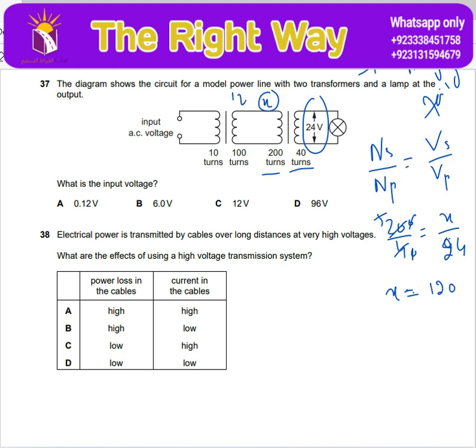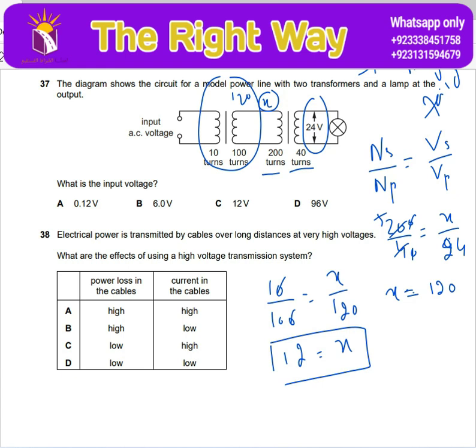Here we have 120 volt. Now for this area, 10 by 100 is equal to x by 120. So 0 cancels out with 0, x will be equal to 12. So 12 volt is the right option.